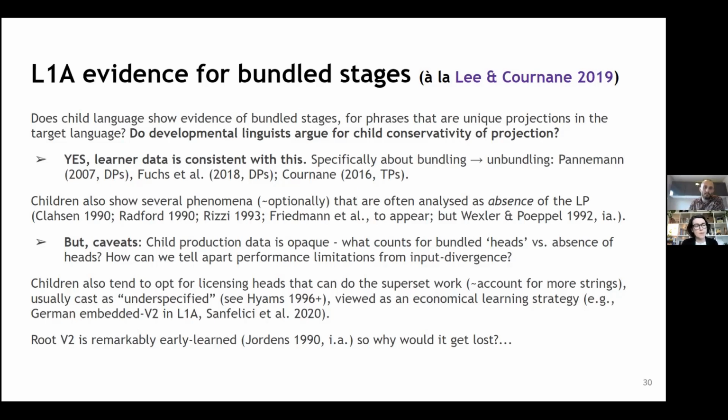And then finally, we want to note that once a language is V2, like modern Germanic, it's actually remarkably learnable, especially for the root V2 phenomena. Even really tiny children, their productions are completely consistent with the input language and very sensitive to microvariation, as Marit Vestergaard's work has shown. So why would it get lost?